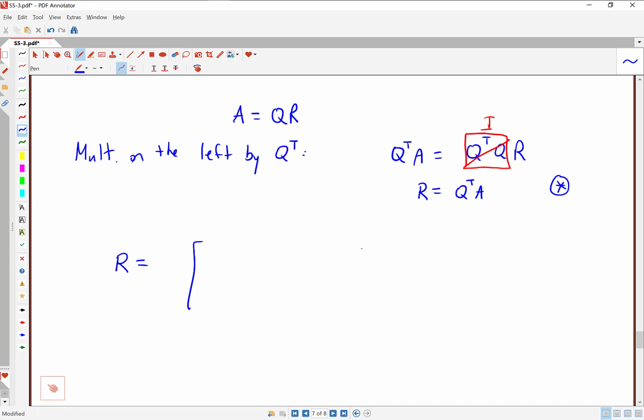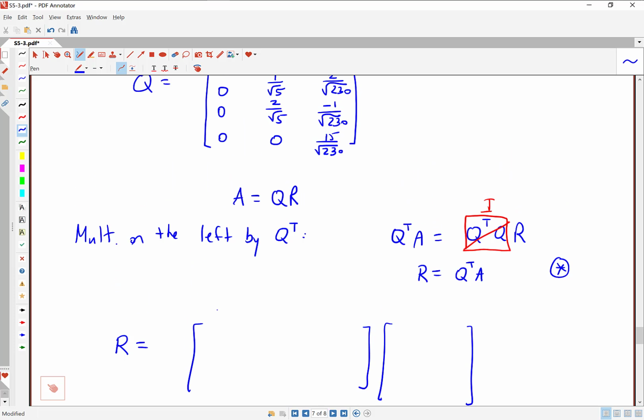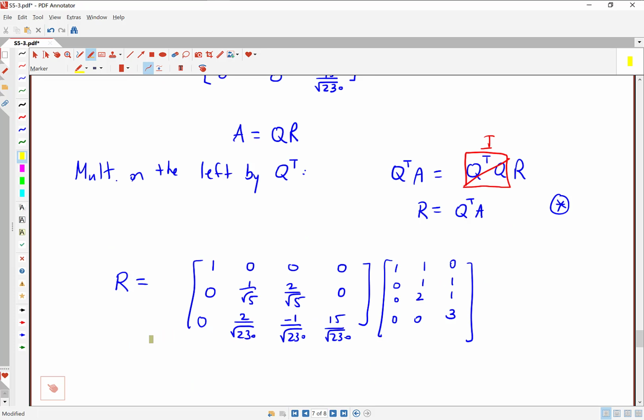So we're going to write down the transpose of Q, and we're going to multiply that by the original matrix A. So let's transpose Q. First row is coming from the first column of Q. So here we have Q transpose from transposing the matrix Q that we found above, and here we have the original matrix A from the question.